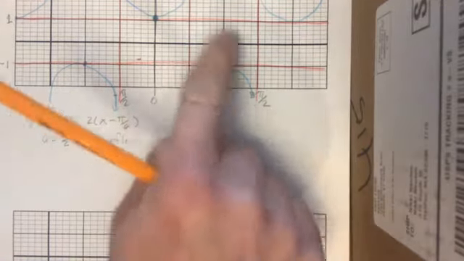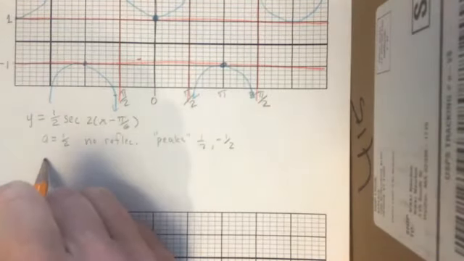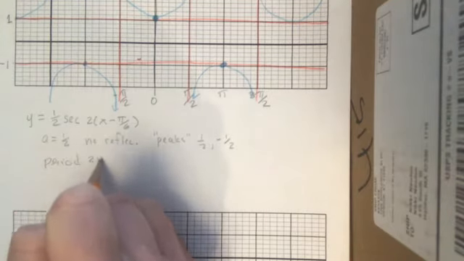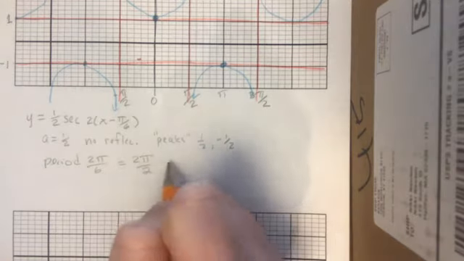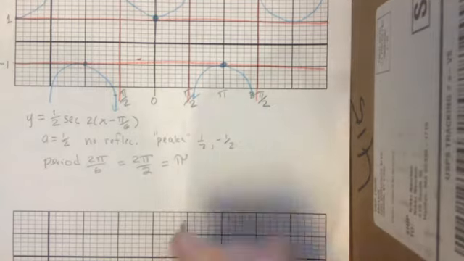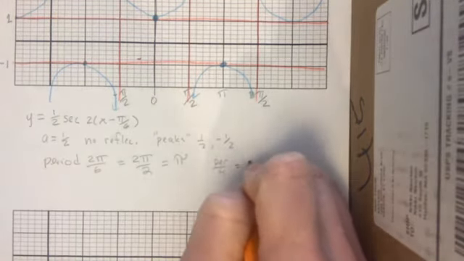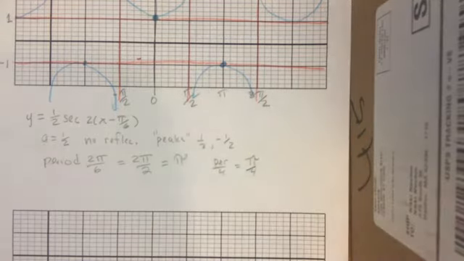So that's my horizontal boundaries. They're not asymptotes because they're not approaching. The period is 2 pi over b, so that would be 2 pi over 2. So the period for this transformed function is pi. And then I'm going to need my period over 4 to find my asymptote. So that's going to be pi over 4.